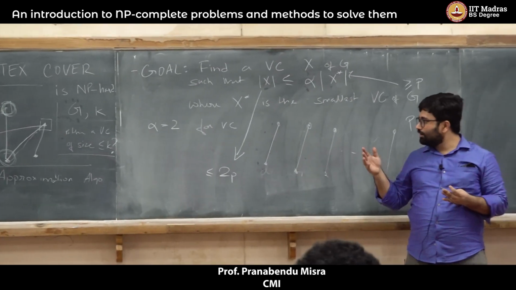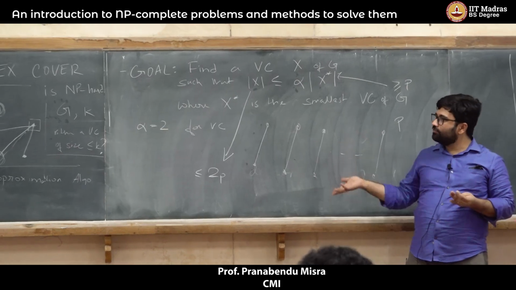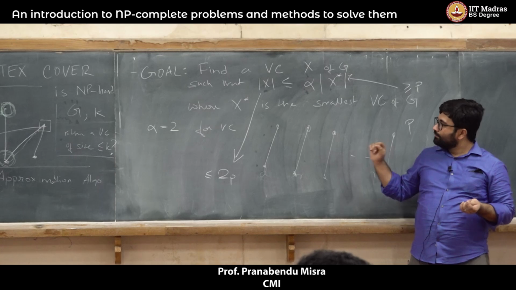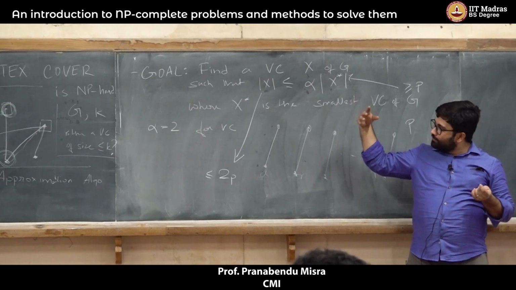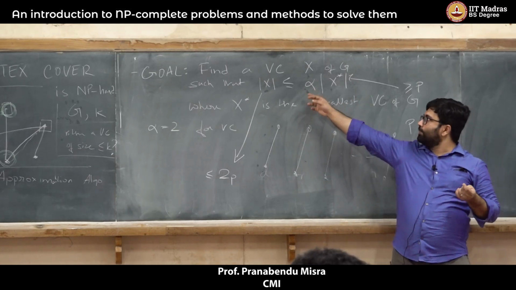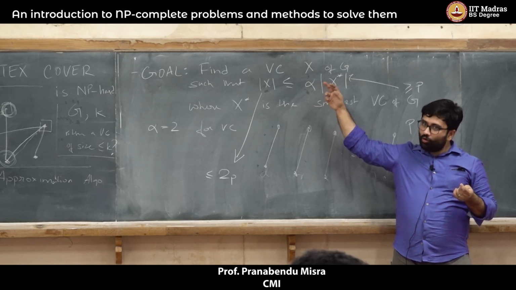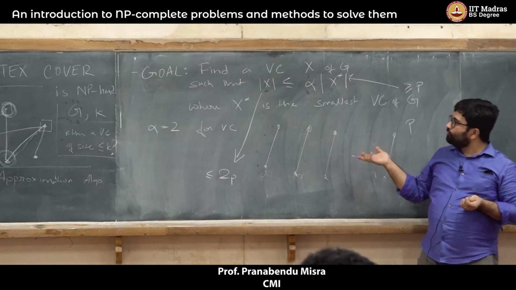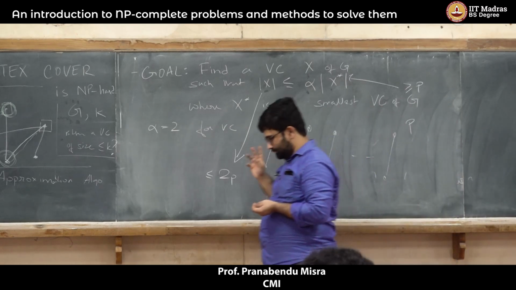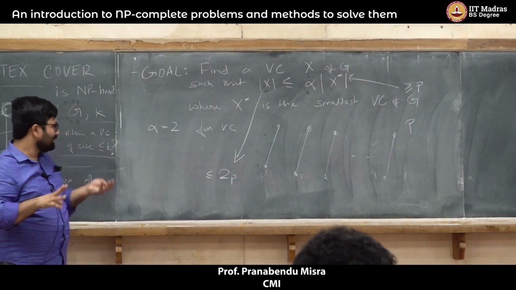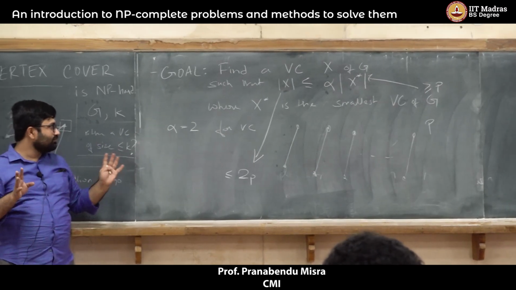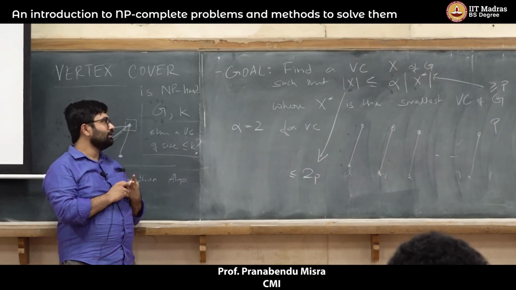We strongly believe, for various mathematical reasons, that there is no other approximation algorithm which will give you a better than 2 approximation and also run in polynomial time. If you manage to beat this, that would be a very big result in some sense.